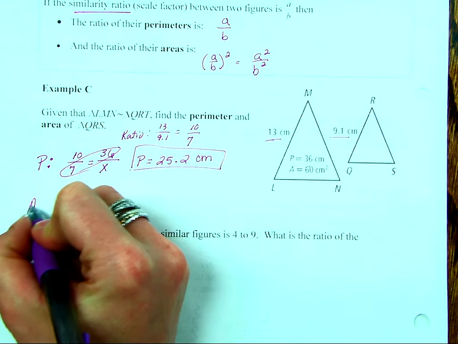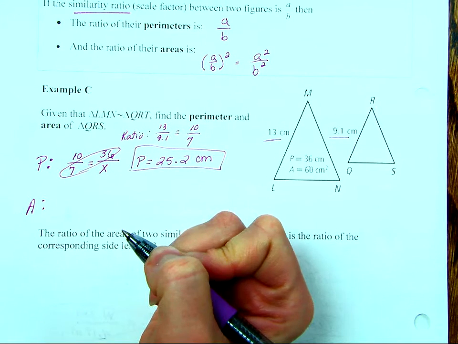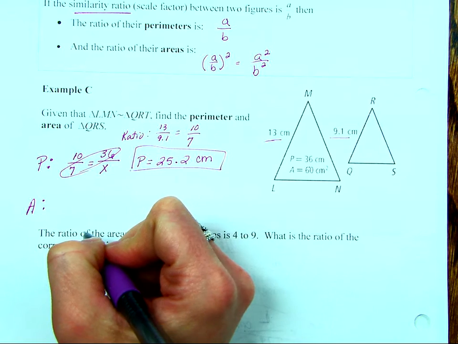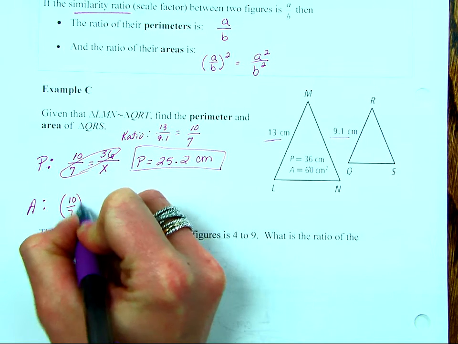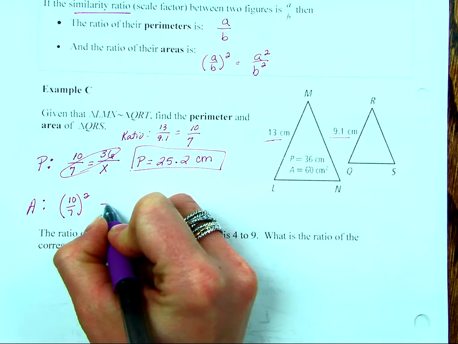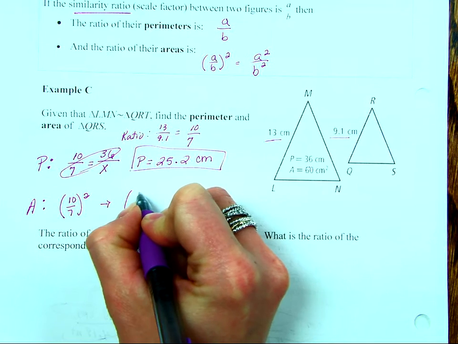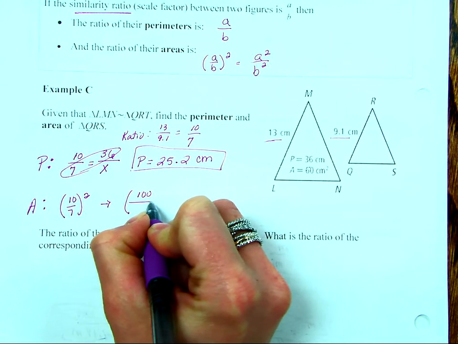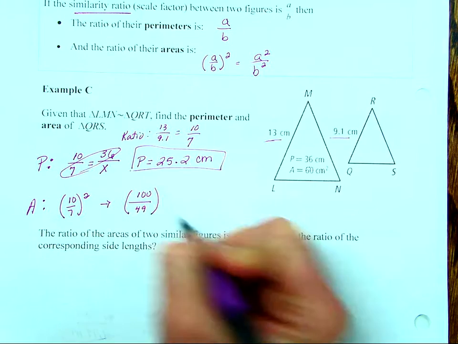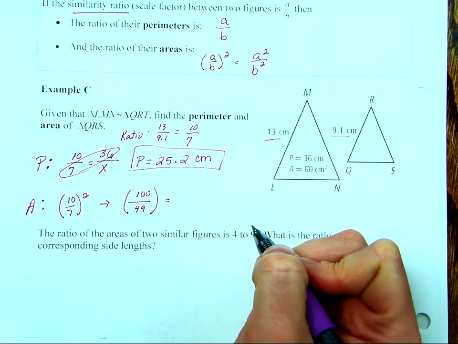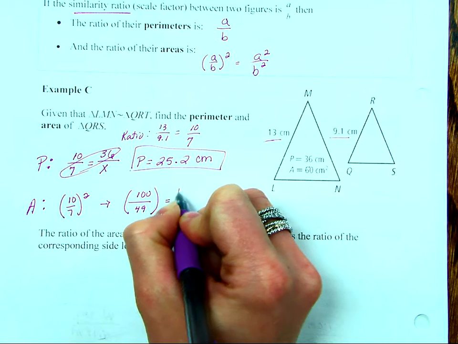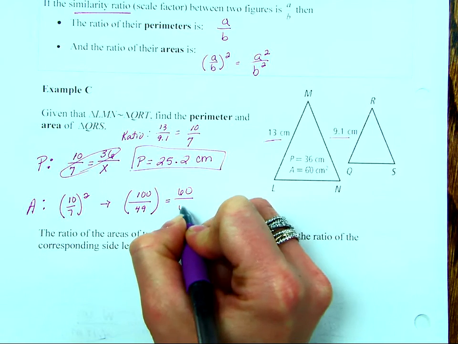What about my areas? Well, my areas do not have a ratio of 10 to 7. Rather, they have a ratio of 10 to 7 squared. So when I set up this proportion, I'm going to say 100 over 49, that would be equal to 60 over y.